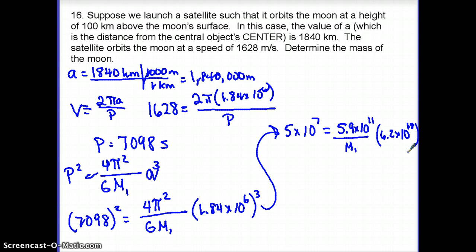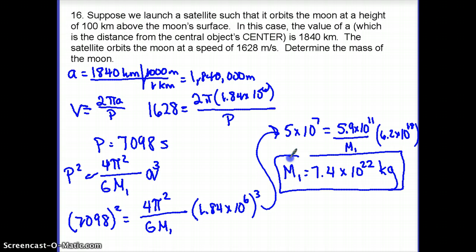Do the math, and we get the mass of the Moon is about 7.4 times 10 to the 22 kilograms. You can check that in the back of your book. That's reasonably close to correct.